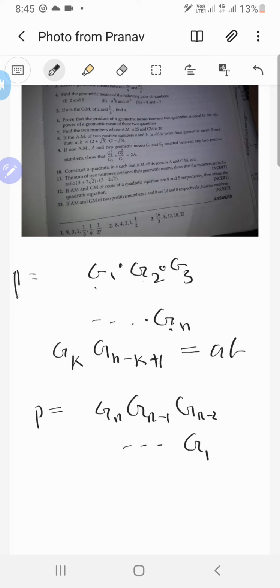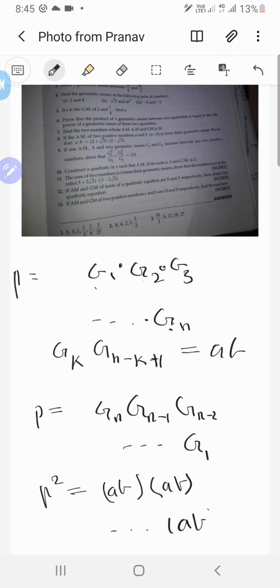Okay, so when I multiply these two equations, I get p squared is equal to g1 gn, but that's obviously just a into b. And then you have g2 into gn minus 1, well that's also a into b, and it keeps on going like that till you have n of them, right? You have n pairs.